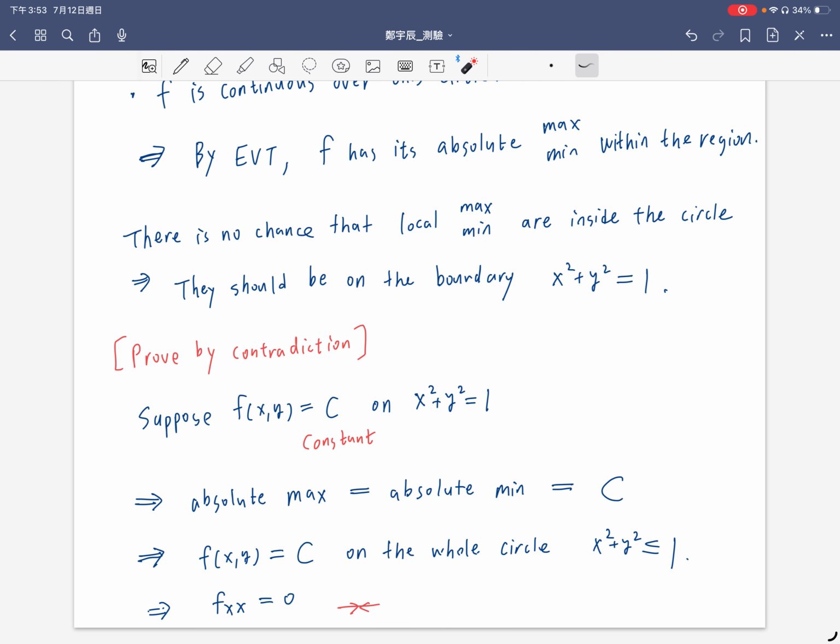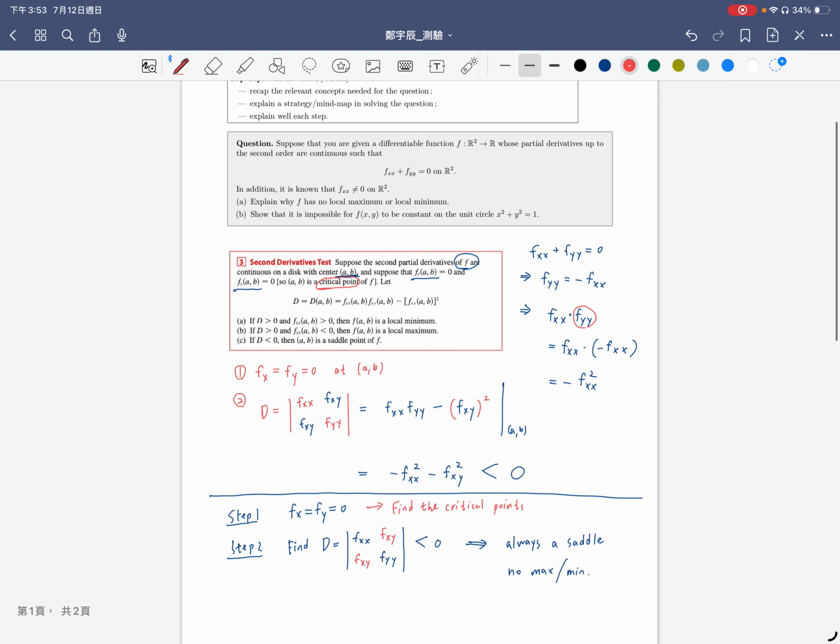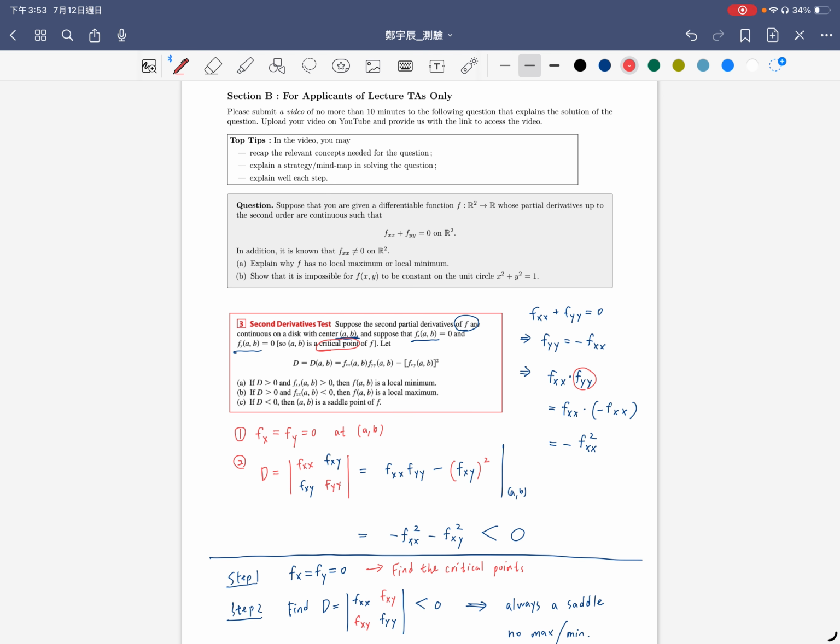The problem is that the boundary of f cannot be a constant. So it is impossible for f to be constant on the unit circle. All right, that's it.